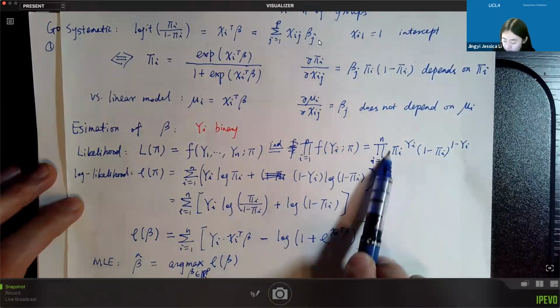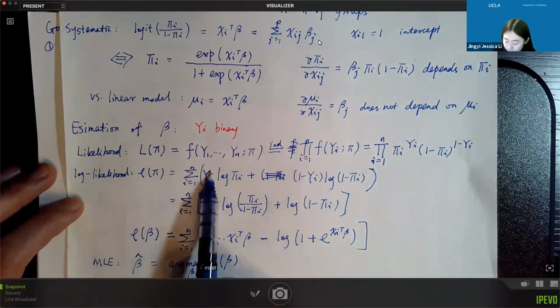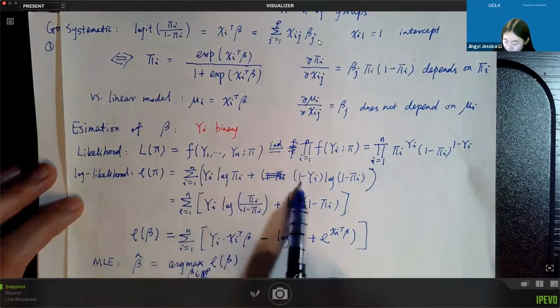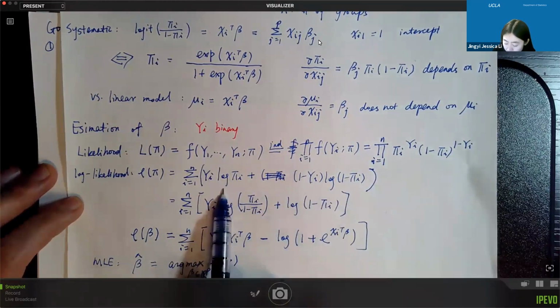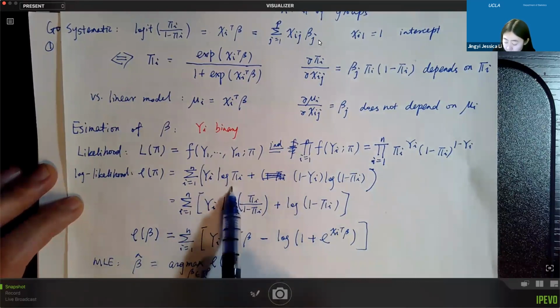We can write the log likelihood as the summation over data points of yi times log pi i, plus 1 minus yi times log 1 minus pi i. For group data, yi will stay as yi, pi i will be changed to mu i.